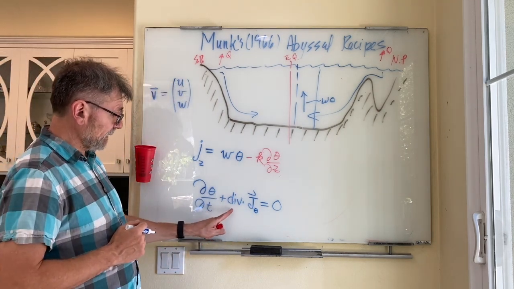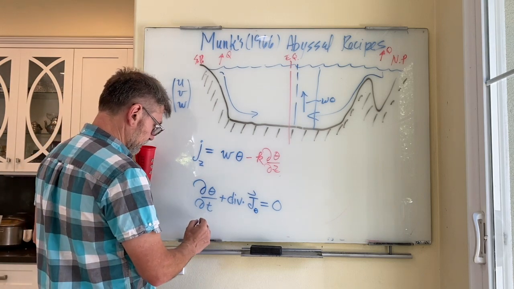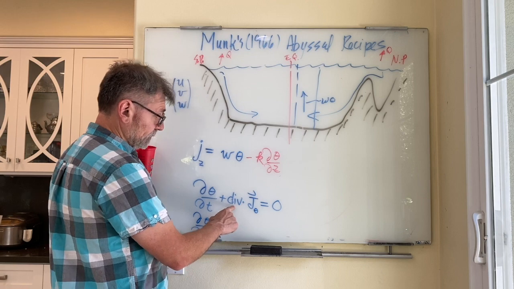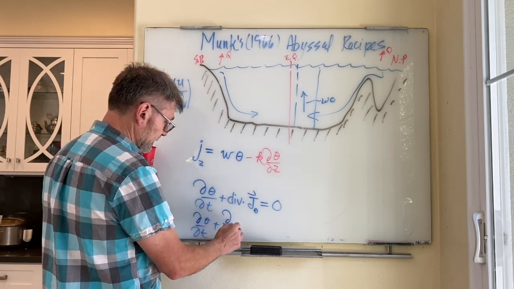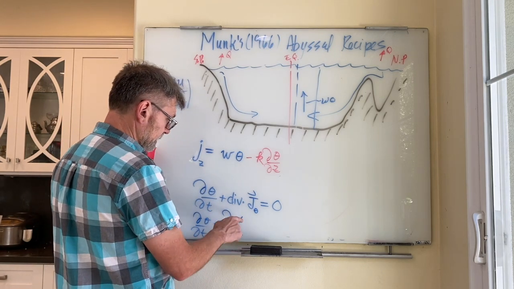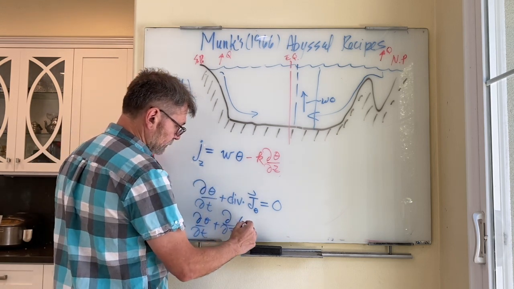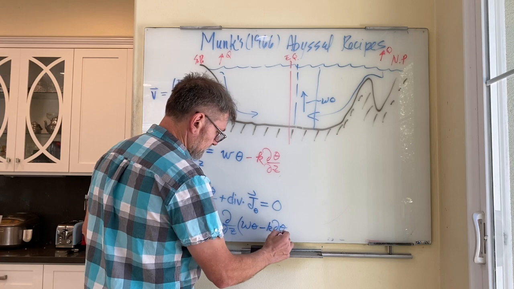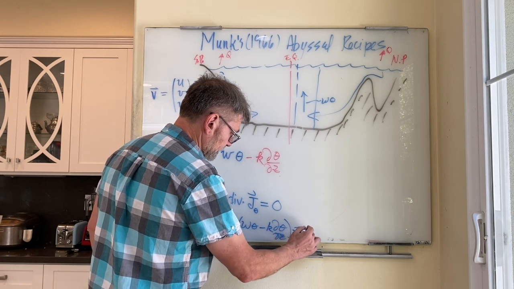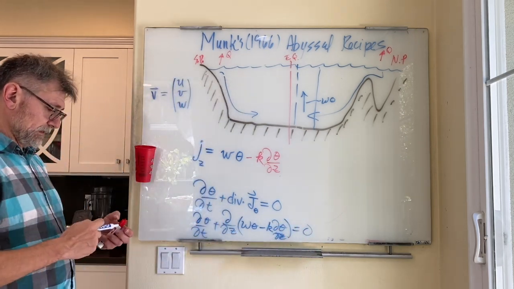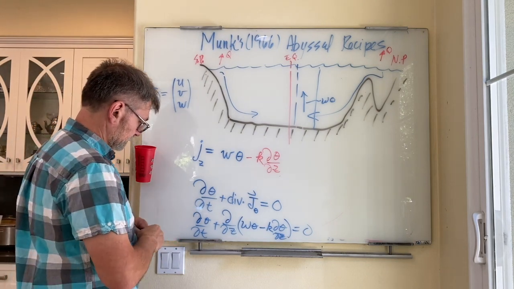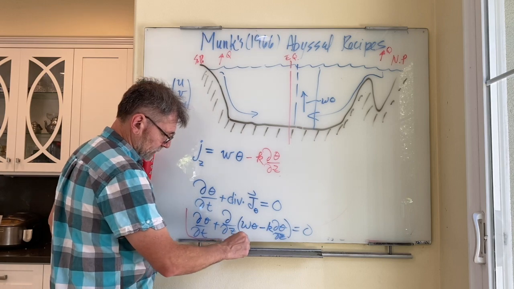If we go to one dimension, then this will become d theta dt plus the divergence. The vertical component of the divergence is just d by dz, and the flux is going to be this flux, w theta minus k d theta dz, equals 0. All right, so this is the one-dimensional conservation equation for potential temperature.